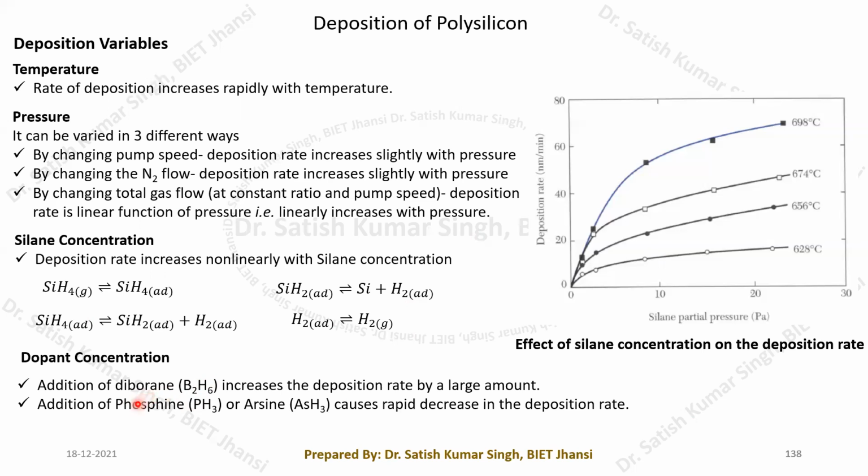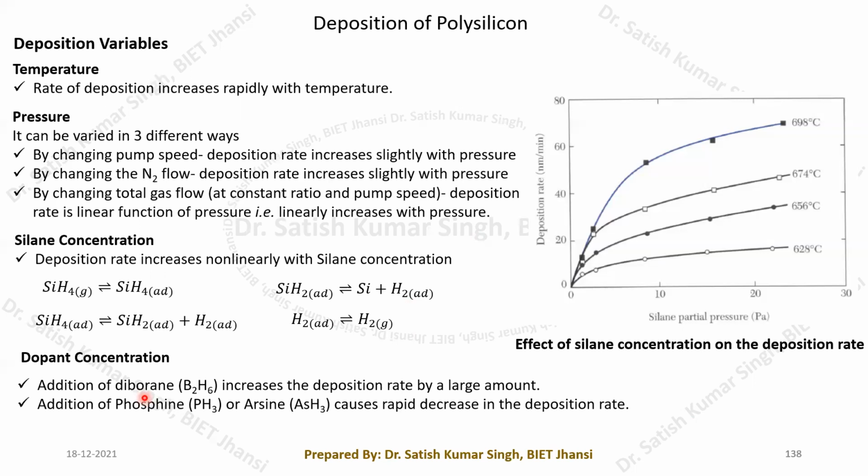This will be our source, diborane will be the source. If you add this diborane, you will find there is a rapid increase in the deposition rate. The deposition rate of the polysilicon is very much larger, increasing by a very large amount.